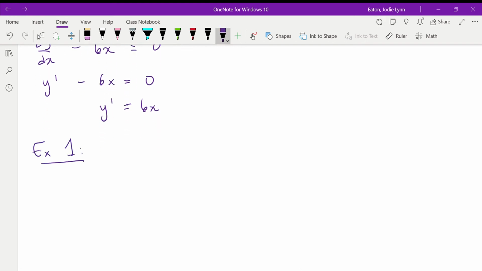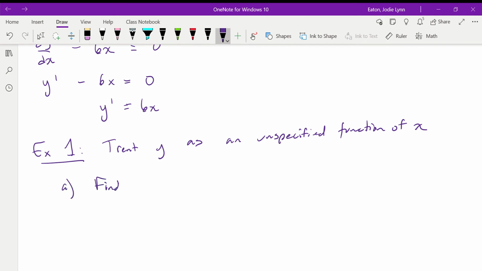And so we are going to treat y as an unspecified function of x. We're going to pretend y is equal to some function of x, but we don't know exactly what it is. So we are going to find the derivative of 3y to the fourth with respect to x.